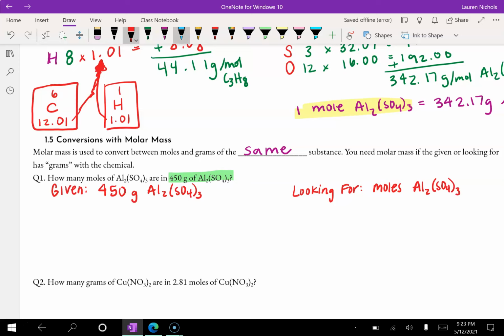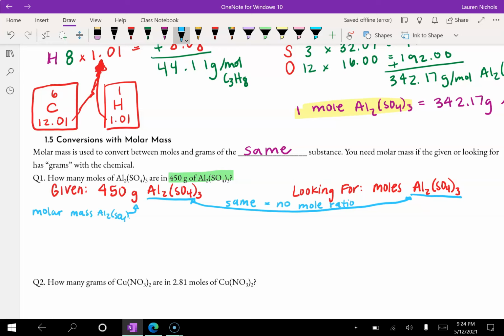Now, we already learned that if our chemicals are different, that we need a mole ratio. So when I double check my chemicals, these are the same. And since they're the same, that means I have no need for a mole ratio, right? I don't need them. But what I do see is this G for grams. And so that means that I need the molar mass of the chemical that is right beside it, which is aluminum sulfate.